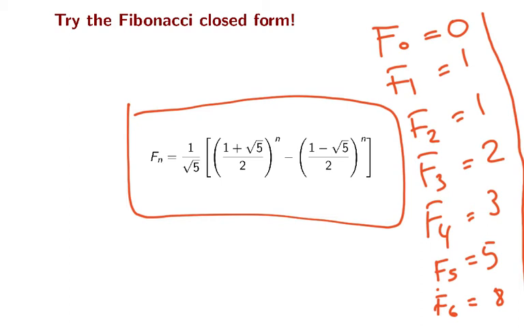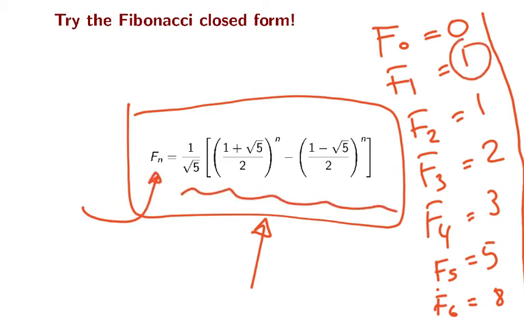And these very integer numbers, 0, 1, 1, 2, 3, 5, 8, 13, etc., are obtained by this formula. When you plug in a 1 here, for instance, you do all these operations, you should obtain 1. When you plug in a 3, you do all these operations, and you should obtain just 2.